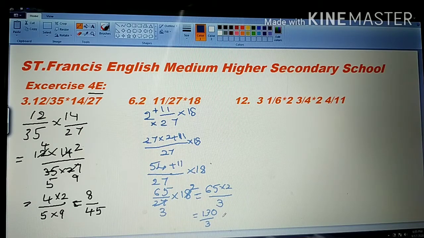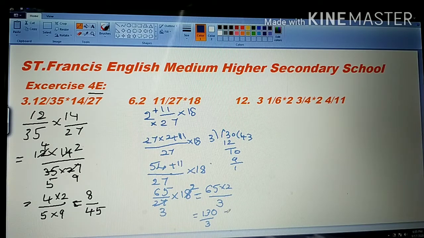So we can cancel this one here. We can divide this 130 with 3. 3 4s 12, we get here 10, 3 3s 9, remaining 1.